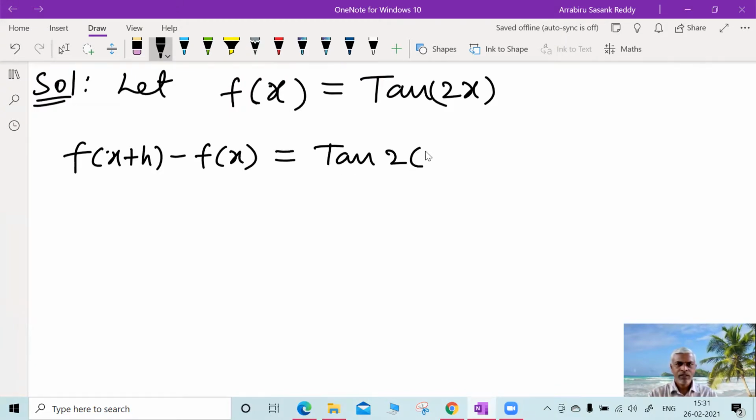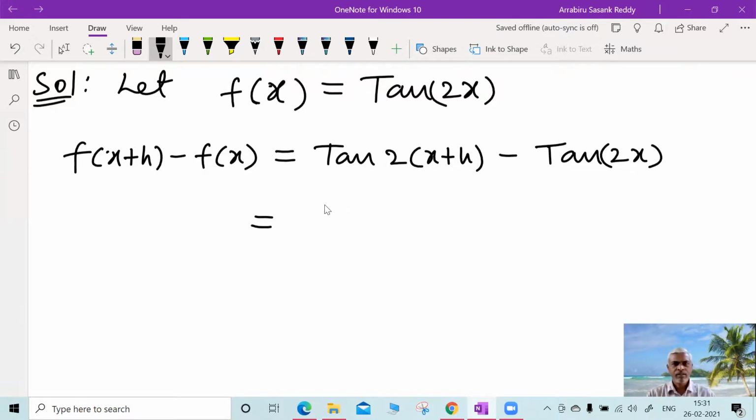Tan 2 into x plus h minus tan 2x. So tan is sine by cos.